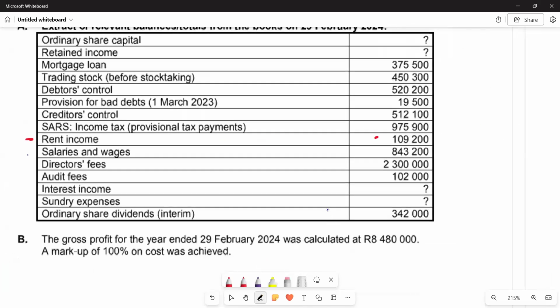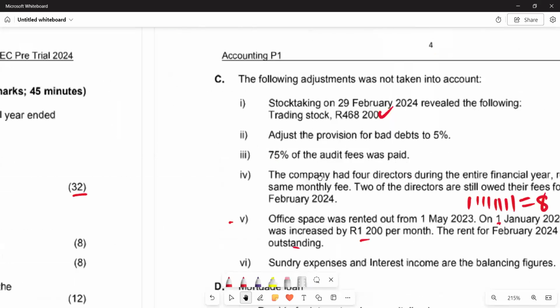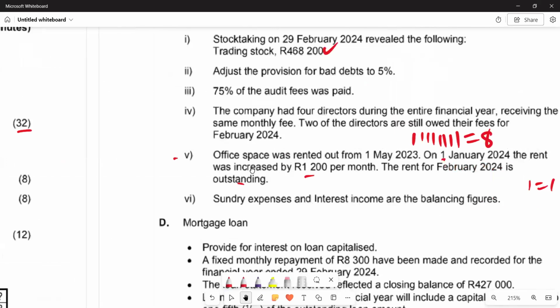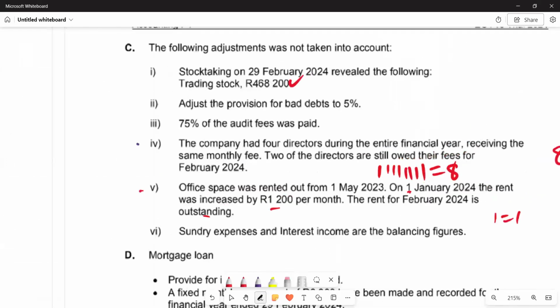After salaries and wages, we've got directors' fees, which is our 2,300,000. We go to check additional information, anything that is affecting our directors' fees. Now we go to item 4 on information C and try to see what we have in terms of that item.